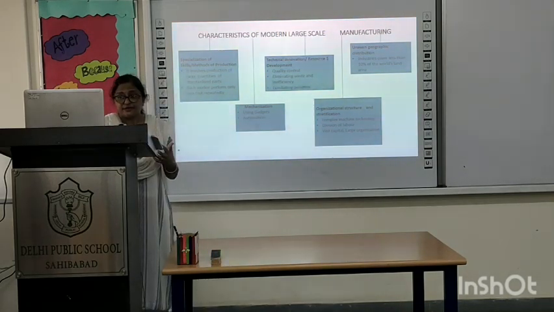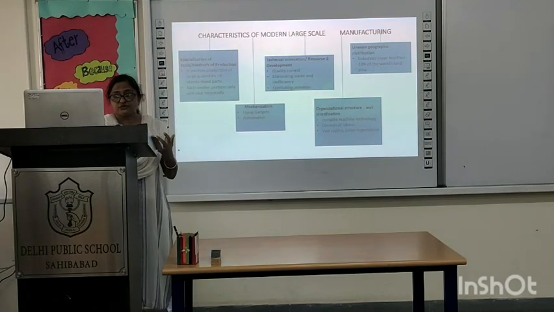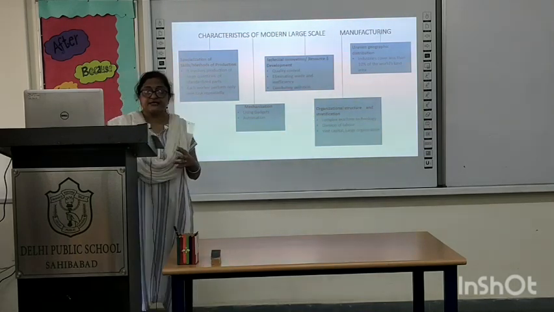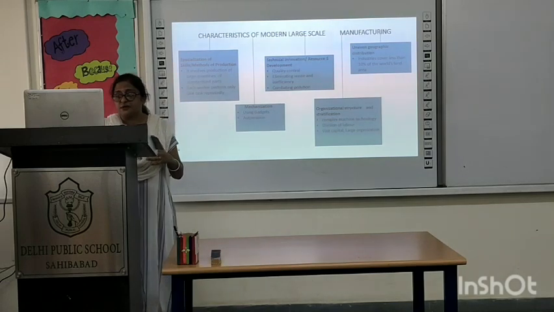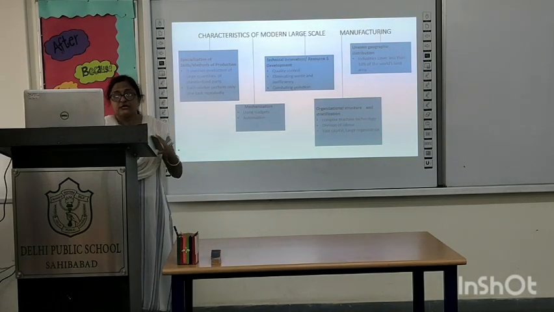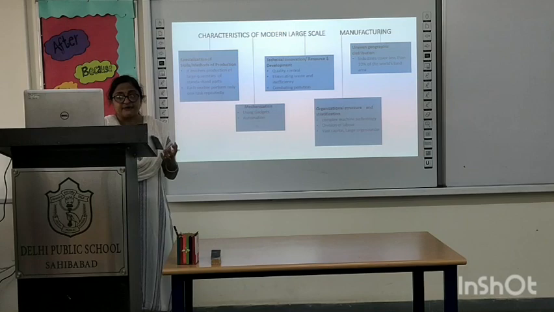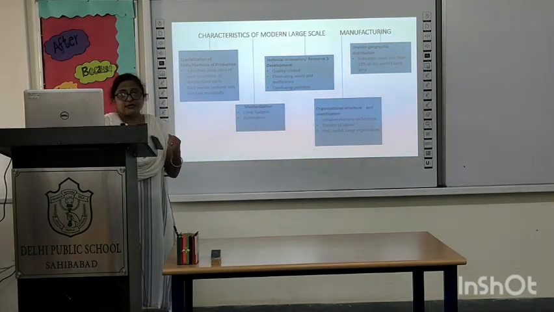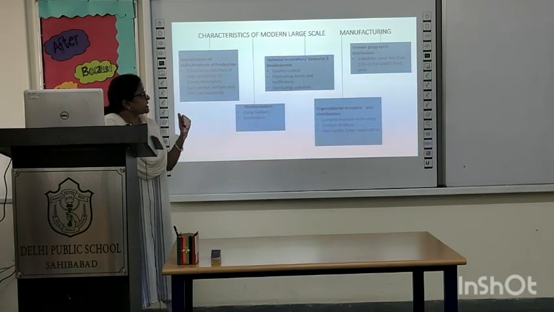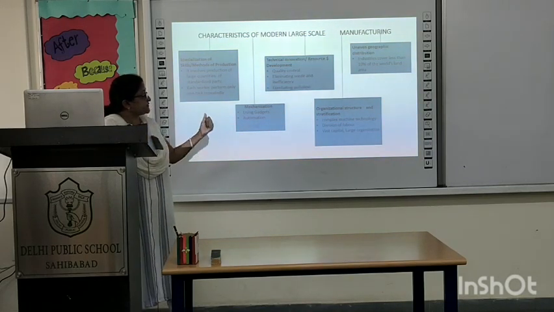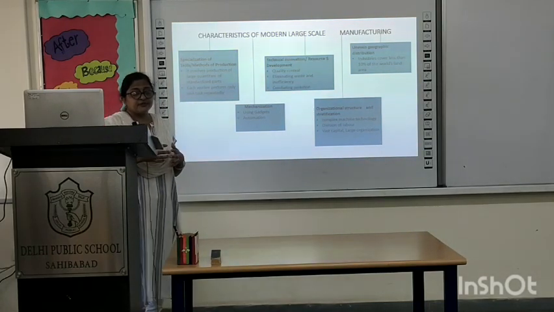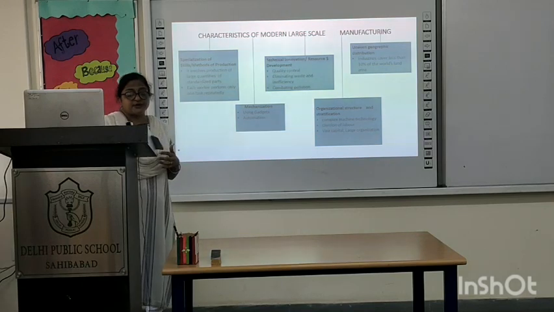One more important factor is organizational structure and stratification. Modern manufacturing is characterized by complex machine technology, division of labor, vast capital and large organization. Technological innovations through research and development strategy are an important aspect of modern manufacturing.